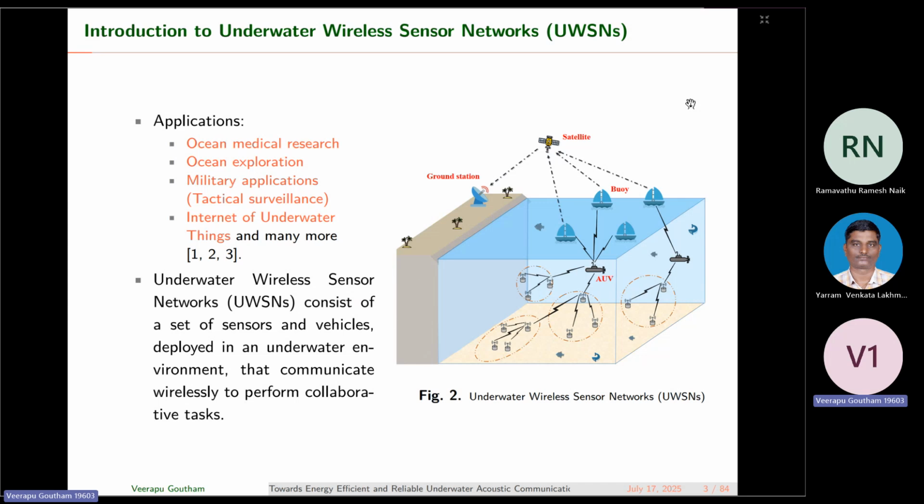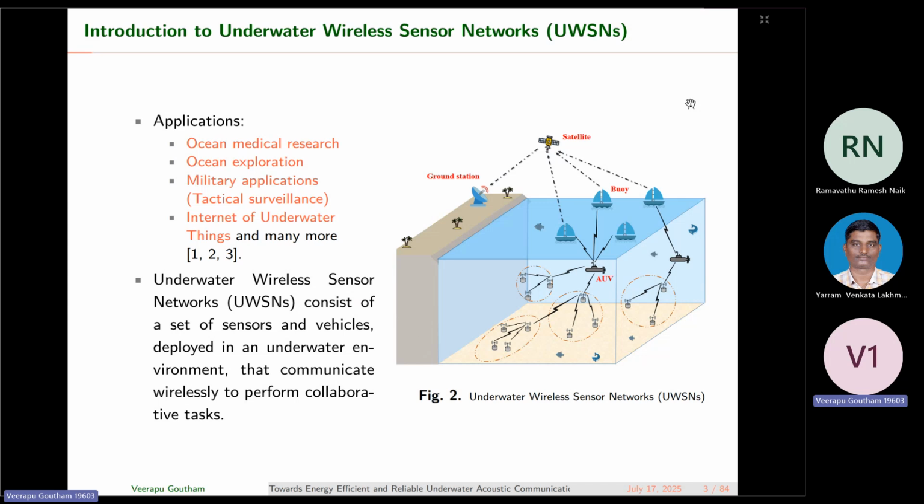They communicate wirelessly and perform collaborative tasks like underwater structural health monitoring, ocean exploration, ocean medical research, or tactical surveillance. These applications need it, that's why we are going to build underwater sensor networks.